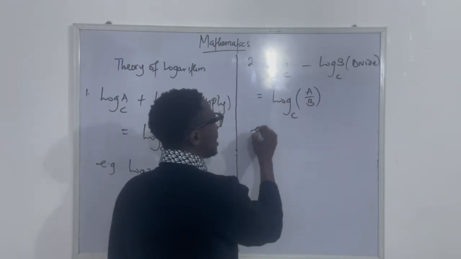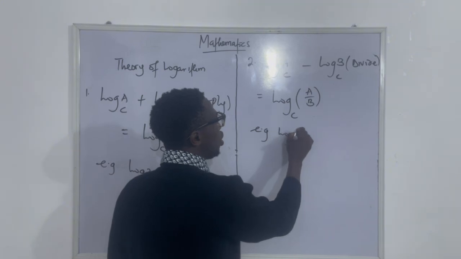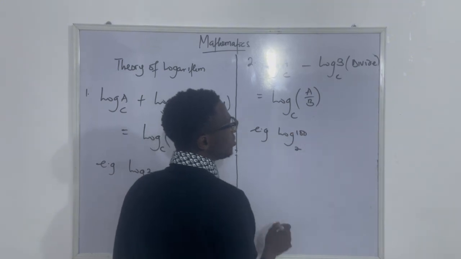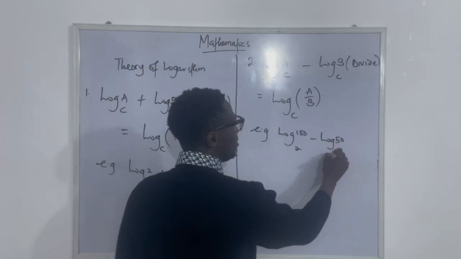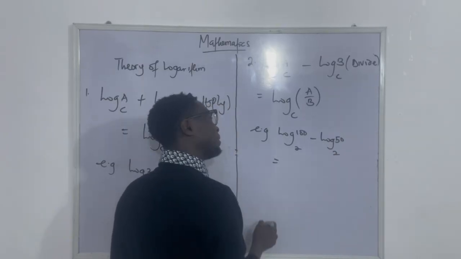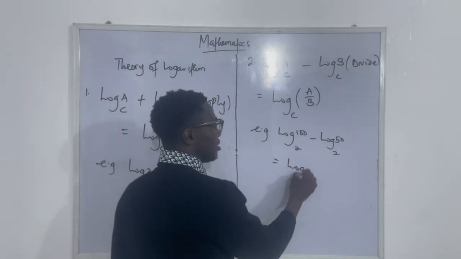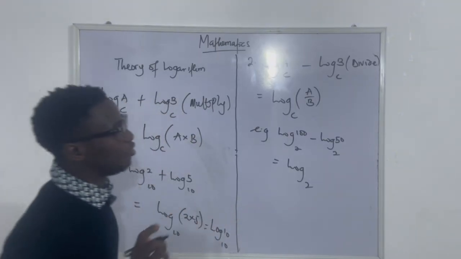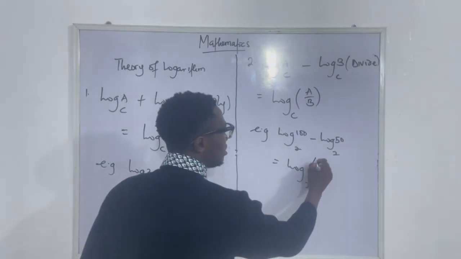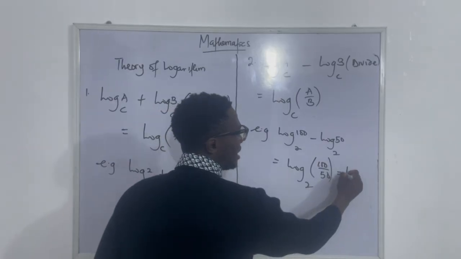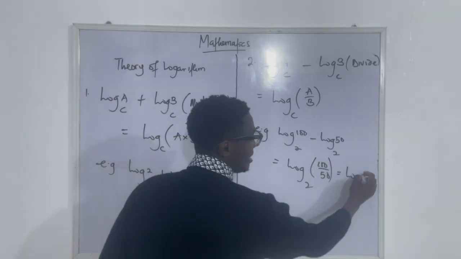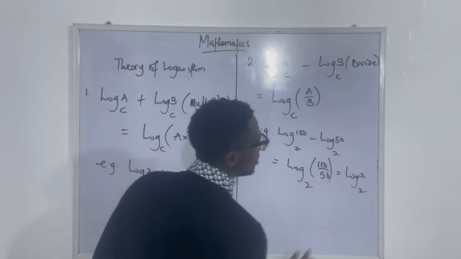A typical example is log 100 to base 2 minus log 50 to base 2. It implies that you take a single log of the base, then divide 100 by 50. The answer is rather 2 base 2.